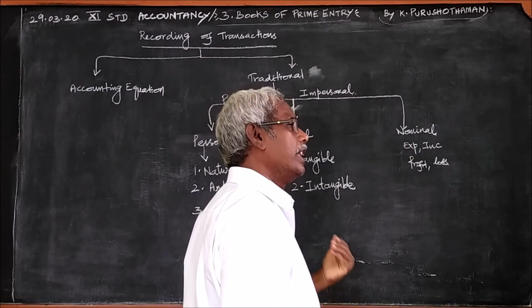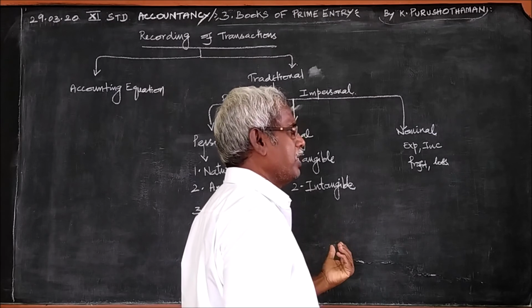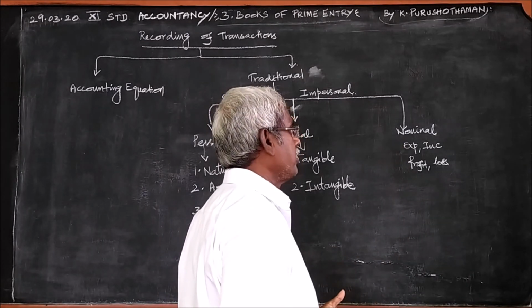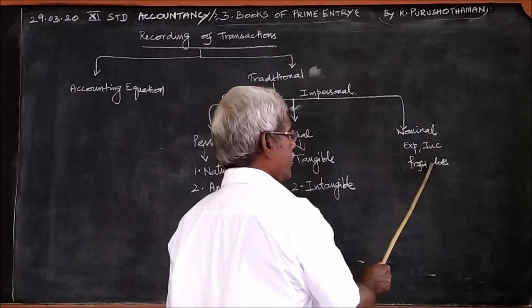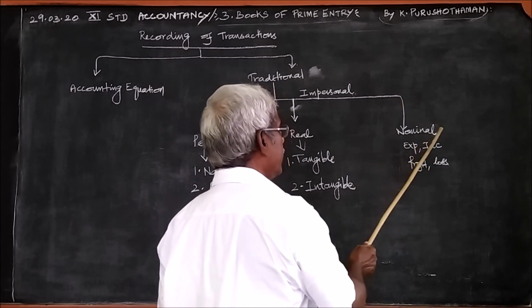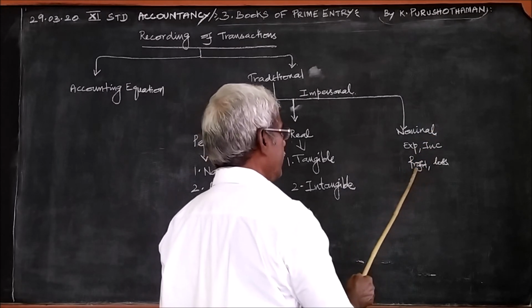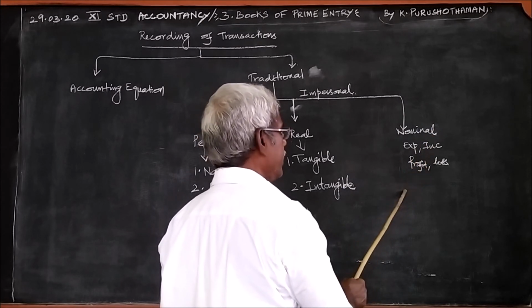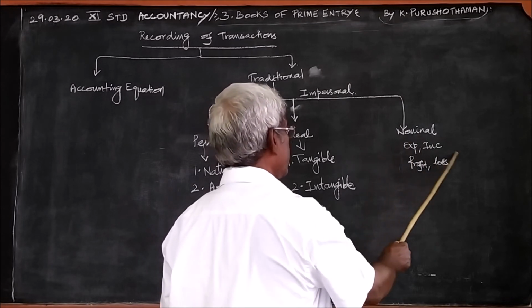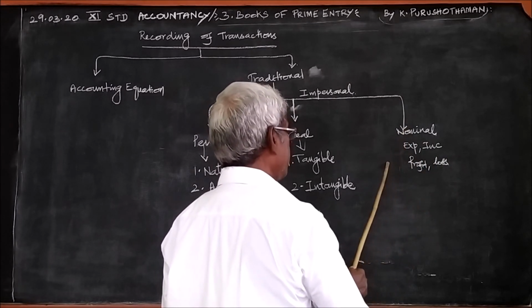If you have earned anything from the business, it is a profit. If you have lost anything in the business, then it is a loss. Therefore, expenses paid, income received, profit earned and loss suffered, all these things are coming under nominal account.